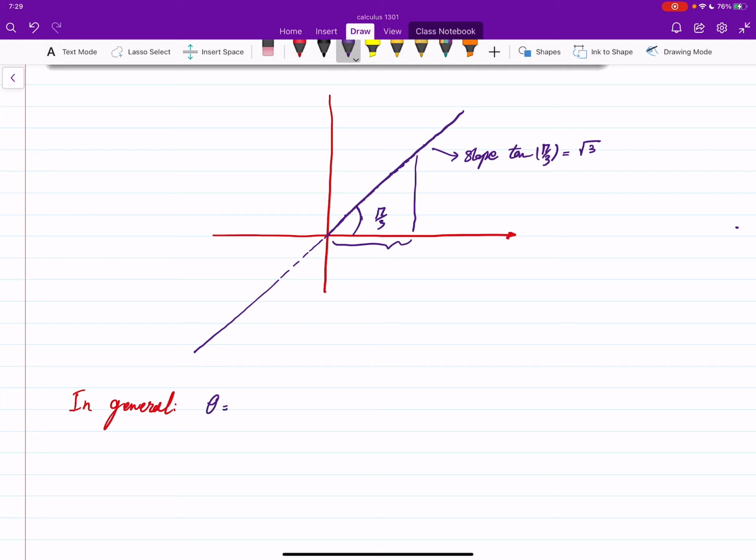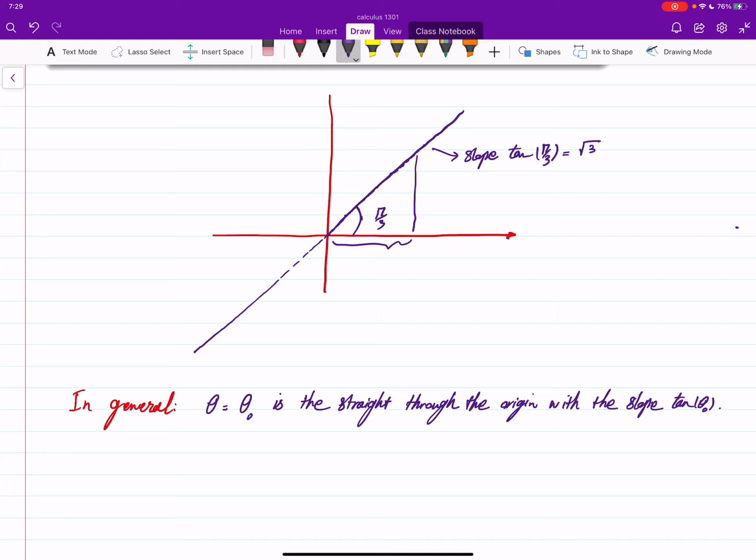In general, theta equal to some angle theta 0 is a straight line through the origin with the slope tan theta 0.